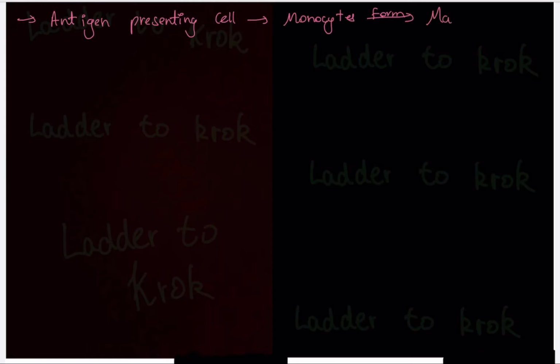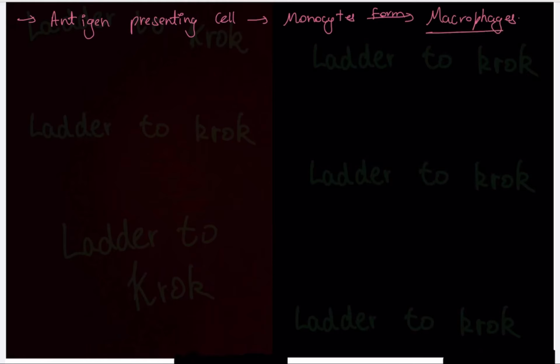Now next part. As we know, in our body, if some antigen enters, first of all there are antigen presenting cells, and they will present that antigen to our monocytes. Then those monocytes form macrophages.